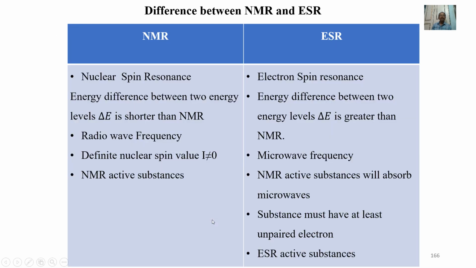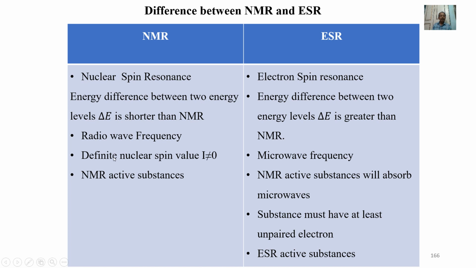Now we will discuss elaborately the difference between NMR and ESR. NMR is expanded as nuclear magnetic resonance and ESR is expanded as electron spin resonance. In NMR, the energy difference between two energy levels delta E is smaller than in ESR, and we have to apply only radio wave frequency.